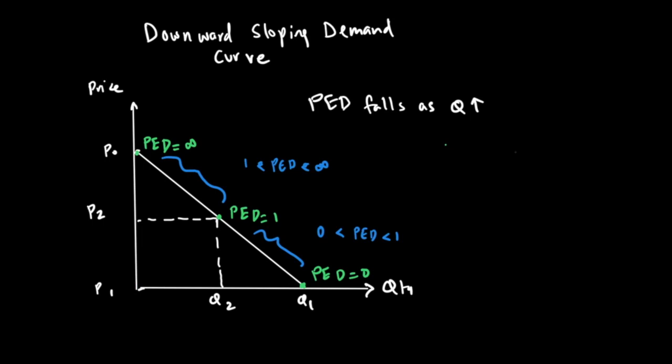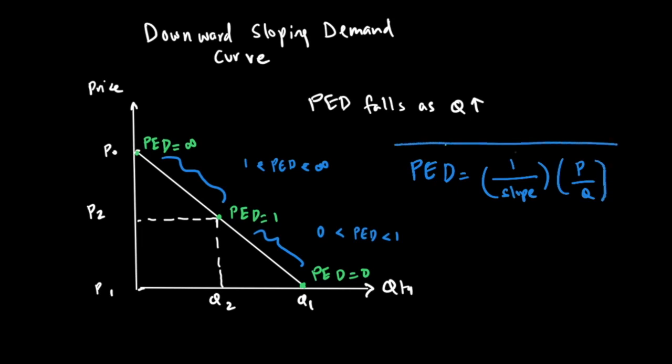And there's also a formula we sometimes use in this case, which is very useful for calculation, where PED is equal to 1 over slope times P over Q. This formula is useful because it can actually help us suggest why these values are what they are. For example, at this point, my price is 0, because price is 0 and I have a particular quantity.